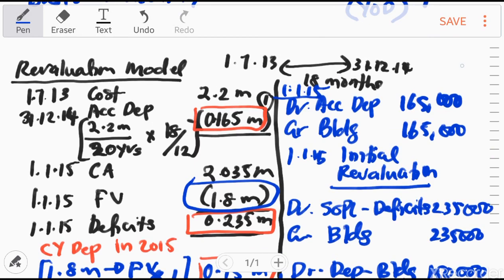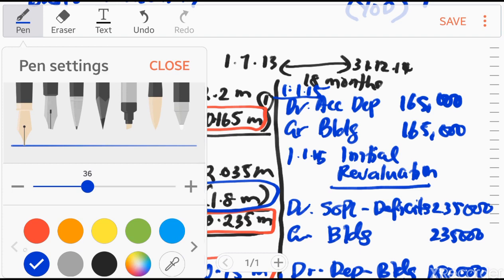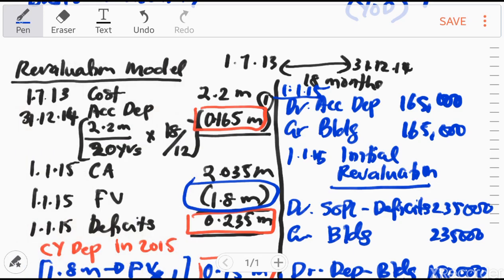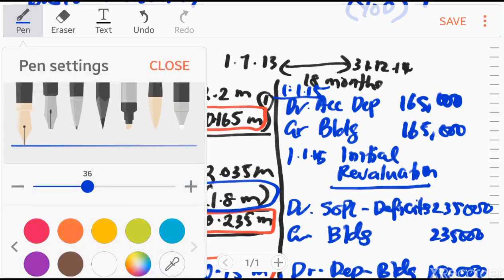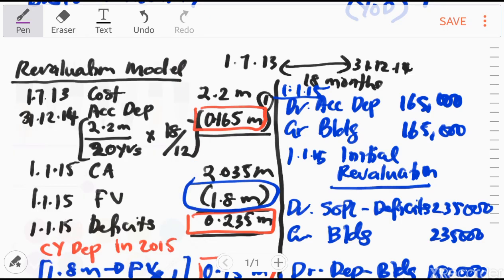For example, this one, I'm going to use a different color, as I said. I'm going to use purple. So, debit accumulated depreciation. So, this one will have to be deducted in the accumulated depreciation part in your PPE note.